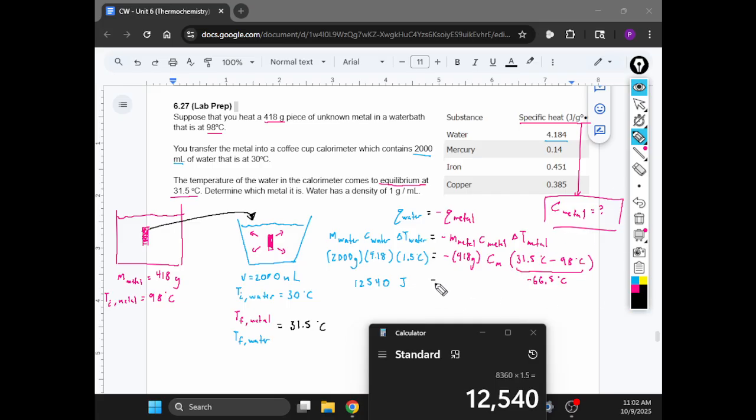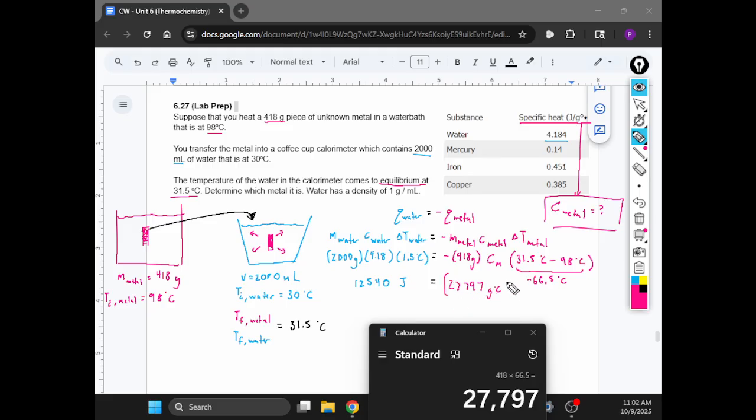Equals, and then on the right side, on the metal side, you're going to get 418 times negative 66.5. But the negative and the negative cancel each other out, and so you'll end up on the right side with 27,797, grams degrees Celsius.